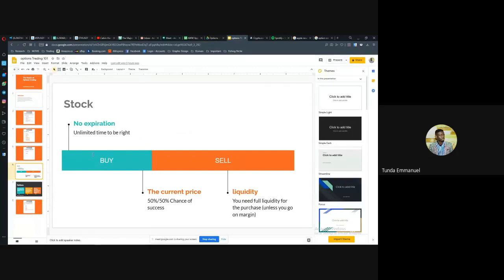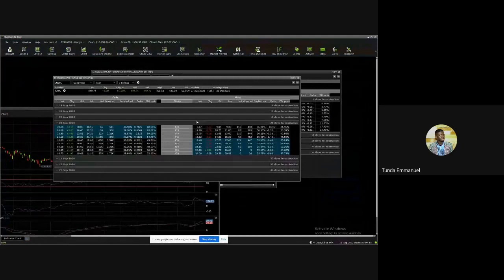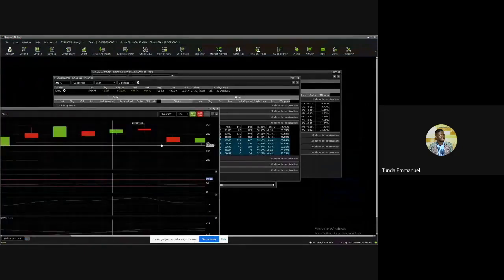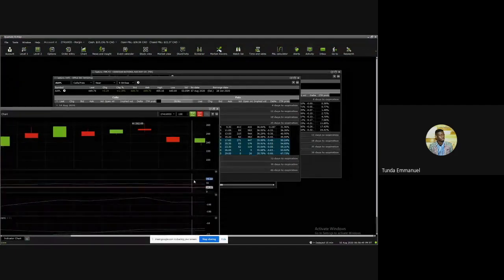Now, talking about the stock first. The upside of trading stock is that you have unlimited time to be right. Let's say you buy Apple right now at 450.